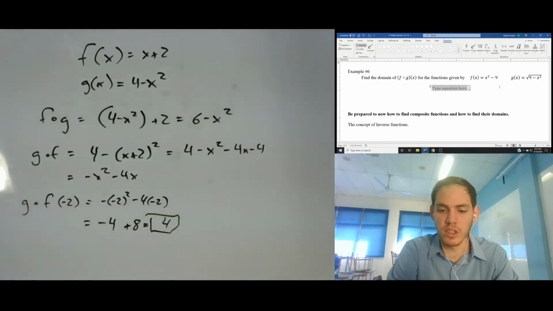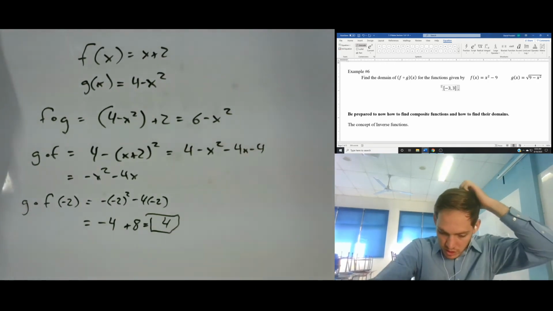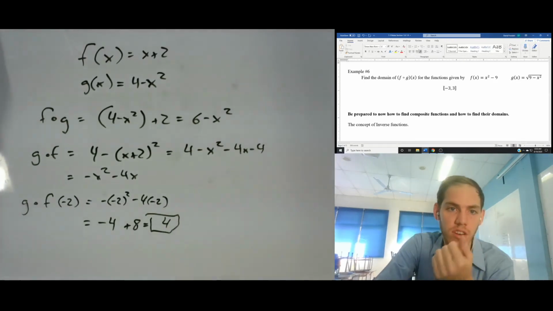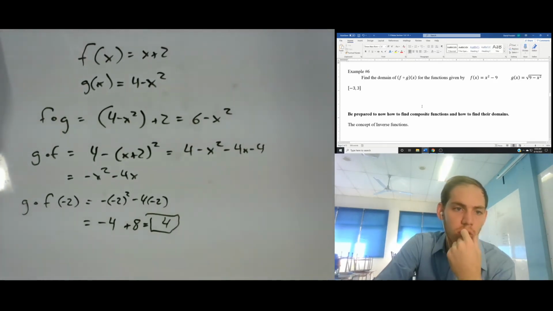What you could do is use interval notation. The interval is better. It's closed, meaning x can equal negative 3 or positive 3. So that is going to be our interval. If you look in the book, you can either do it graphically or with decimals. Okay, bye guys.